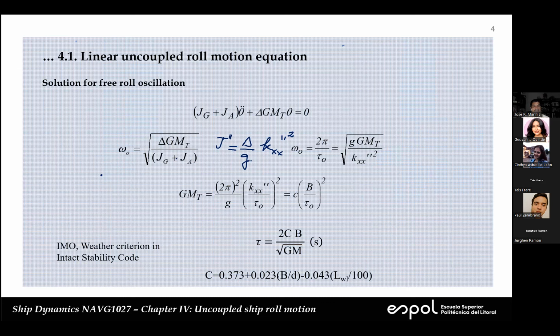It depends on the ratio between the beam and the draft, and also on the waterline length. So it's a very simple expression to evaluate. The GM is kind of difficult, and then at the end, you're going to have the period.